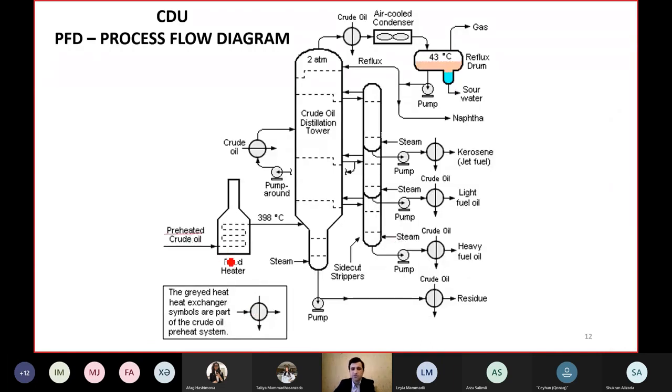It is sent to the crude oil distillation tower. Here it is flashed, stripped, and we separate the products: gas, naphtha, kerosene, light fuel oil, heavy fuel oil. These can also be called diesel, and residue. Residue to where? To the vacuum distillation unit.